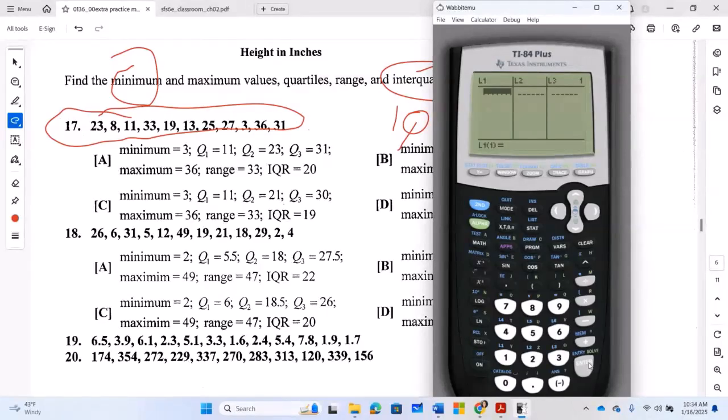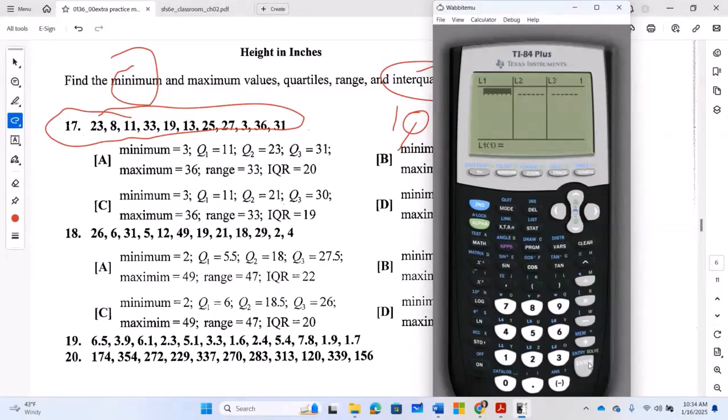The important thing is that I'm doing calculations and showing you how to use the calculator, because on the test day, chapters 2 and 3 are calculations.